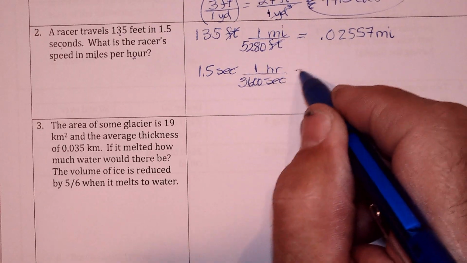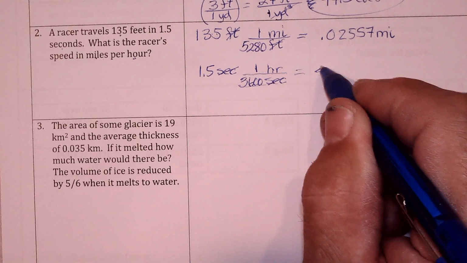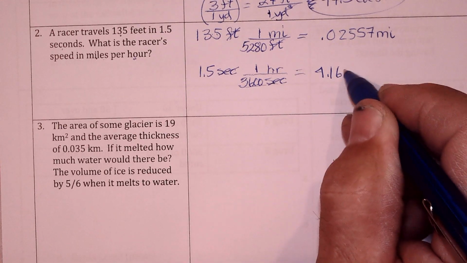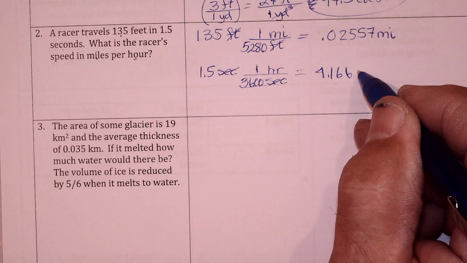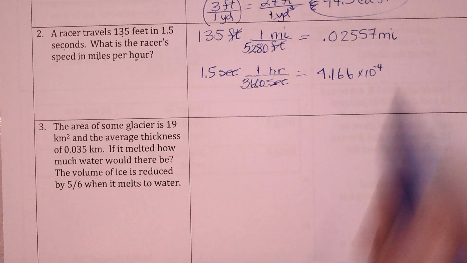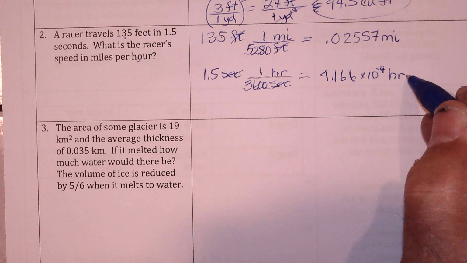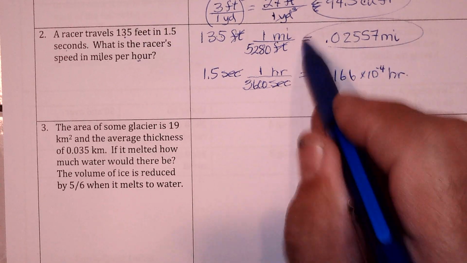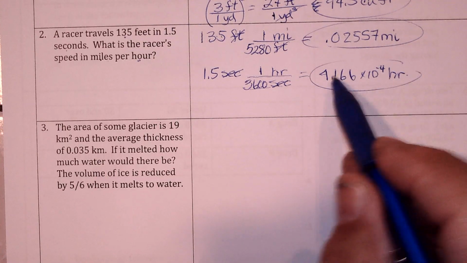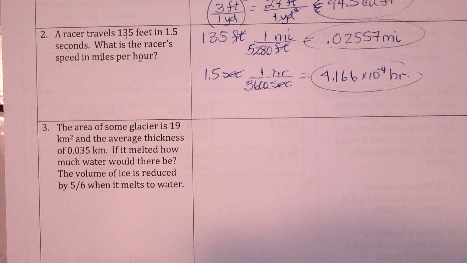So that is 4.166 times 10 to the minus 4 hours. So I go this many miles in this many hours. So I got to find the miles per hour. I take this divided by this.